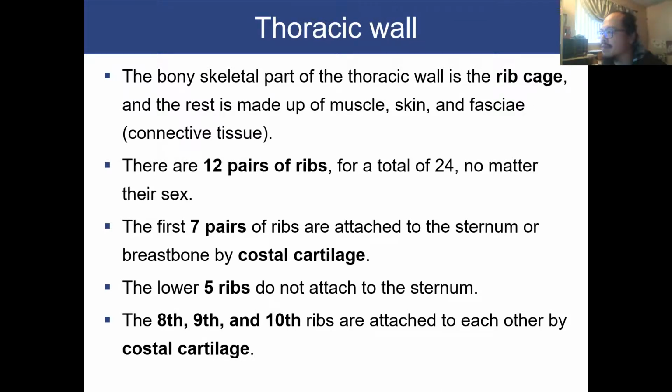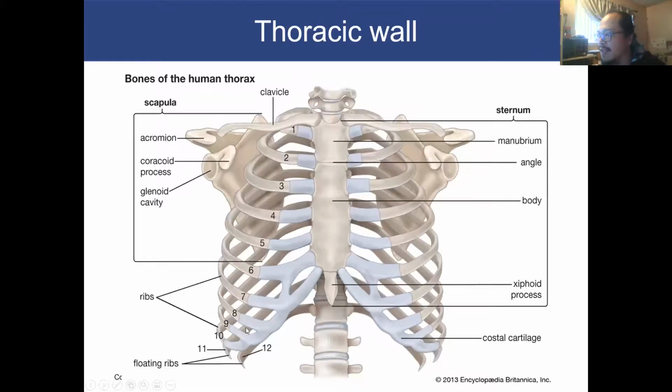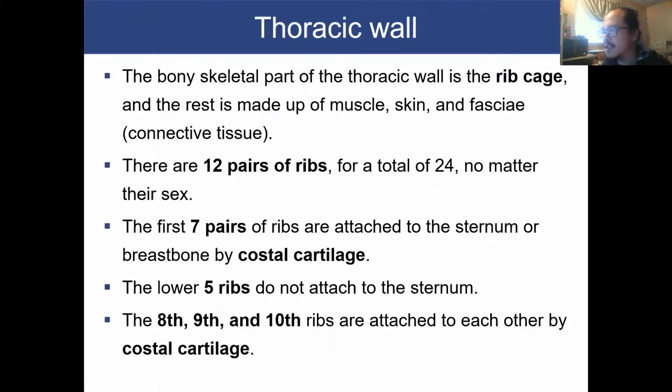So that's that. 8, 9, 10 merge. Only 1 to 7 connect with the sternum. 11 and 12 do not close in the front. When they connect with the front, they connect through the costal cartilage.